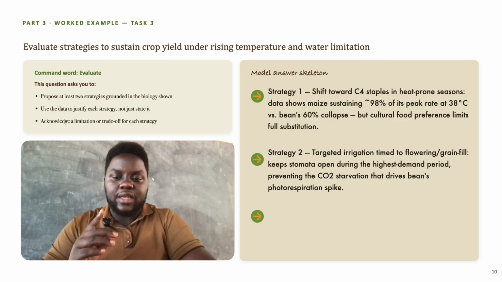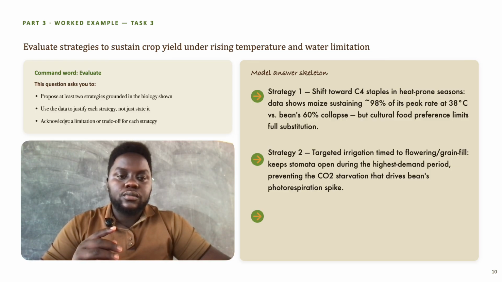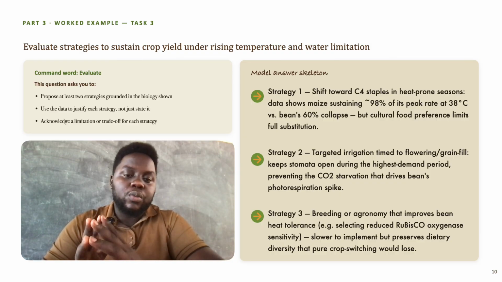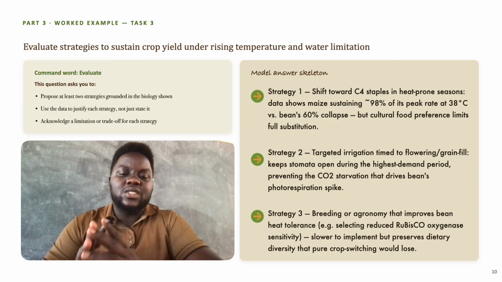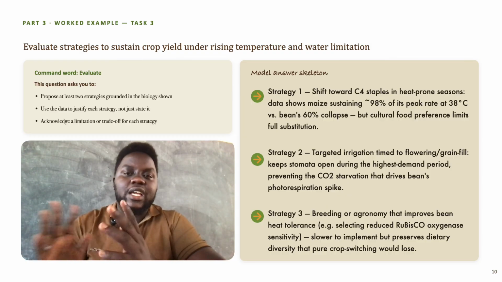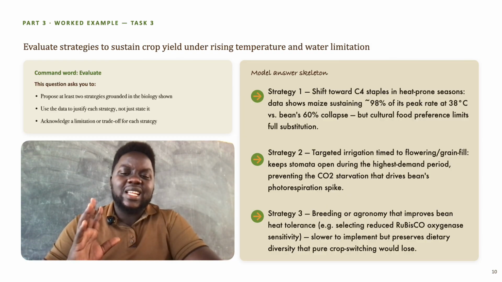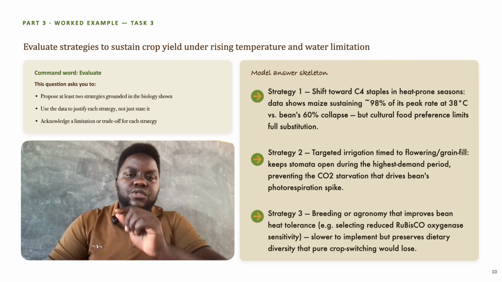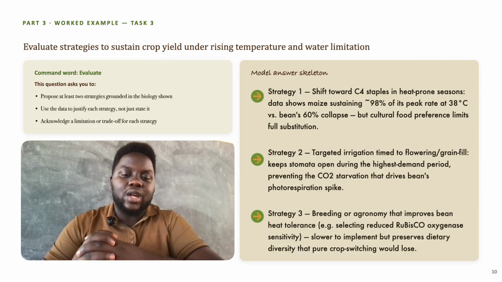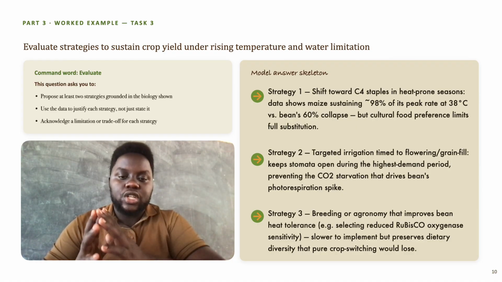This brings us to our third strategy. Breeding or agronomic practice approaches that improve beans' own heat tolerance. For example, instead of just planting any variety of beans, let us select for bean varieties with reduced rubisco oxygenase sensitivity, so the enzyme is simply less prone to that wasteful oxygen binding reaction even at high temperatures.